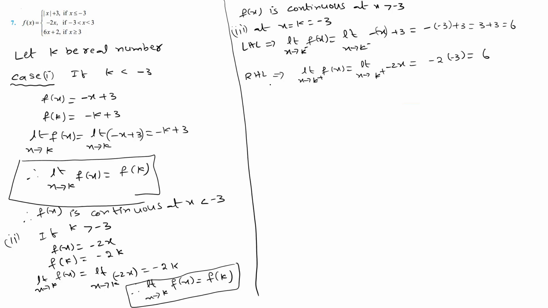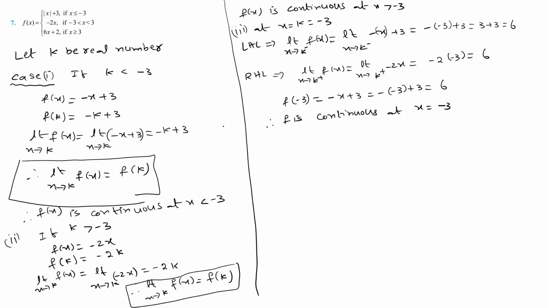Next, f of minus 3 also: f of minus 3 is minus x plus 3, which is nothing but minus of minus 3 plus 3, equal to plus 6 only. Therefore, f is continuous at x is equal to minus 3 here.